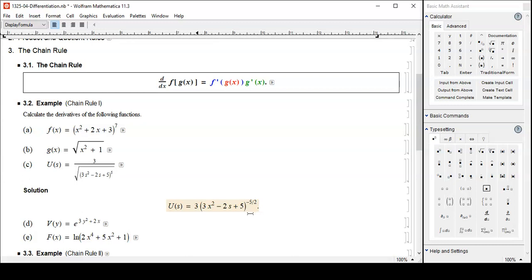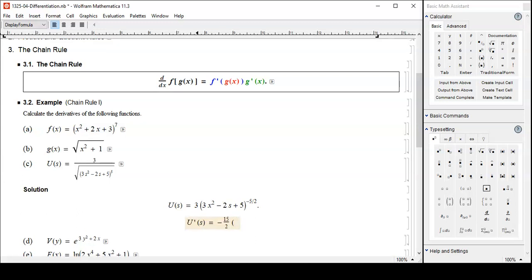Now, let's apply the chain rule. So multiply the power, so negative 15 over 2, and whatever this thing, to the negative 7 halves power, because I have to subtract 1. And then inside always stays the same.